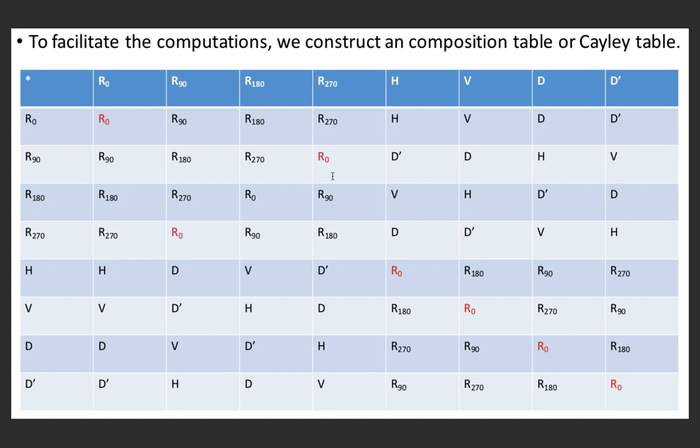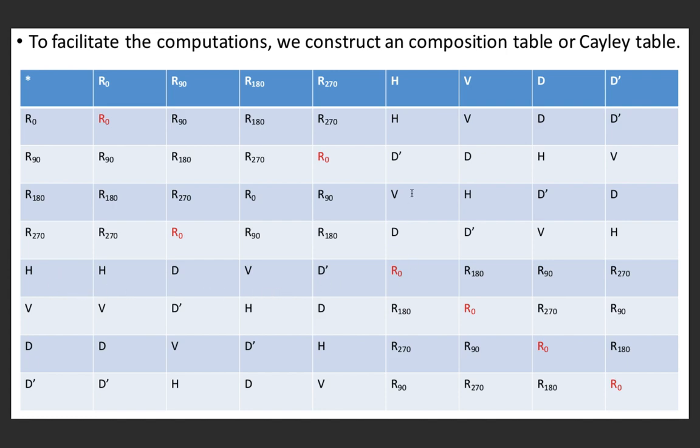Inverse of R90 is R270, because the element above R0 in the top border row is R270. Inverse of R180 is R180 because the element above R0 is R180. Inverse of R270 is R90 because the element above R0 in the top border row is R90.